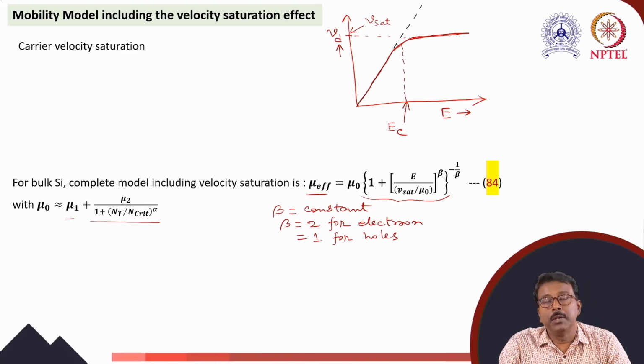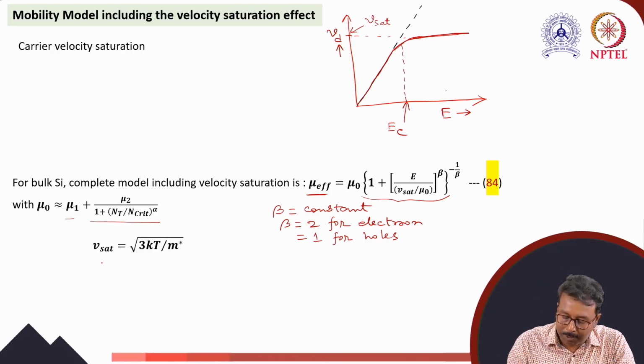That means if you increase the electric field, that is if you have a high energy carrier, velocity will no more increase due to more and more lattice scattering. So initially it increases, but beyond that it will not increase.